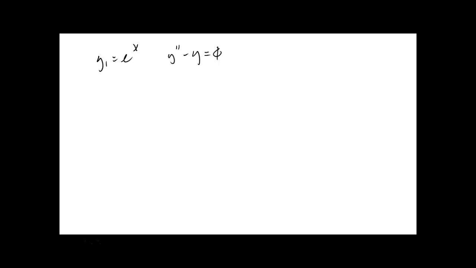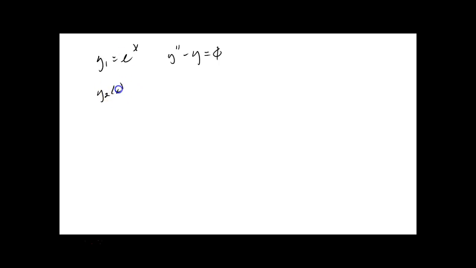Now, that's going to be our y1. Our y2, we know it's got to have another linearly independent solution to form that fundamental set. I couldn't think of the word.